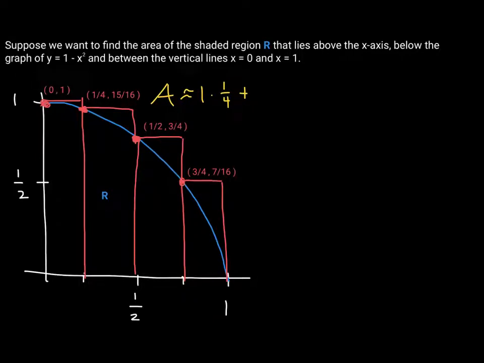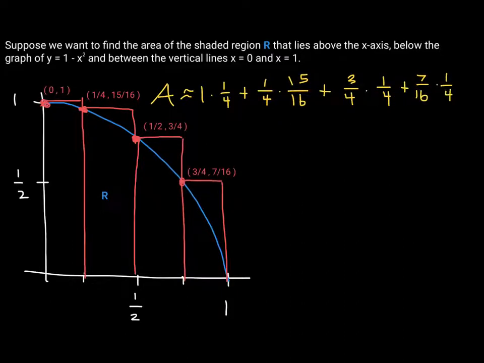Okay, so the area of the second rectangle is 1/4 times 15/16 plus the area of the third rectangle. Oh, sorry, 1/4. The height is 3/4 times 1/4, which is the base, plus the area of the last rectangle is 7/16 times 1/4.